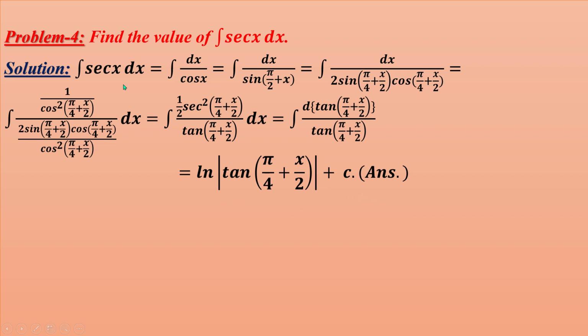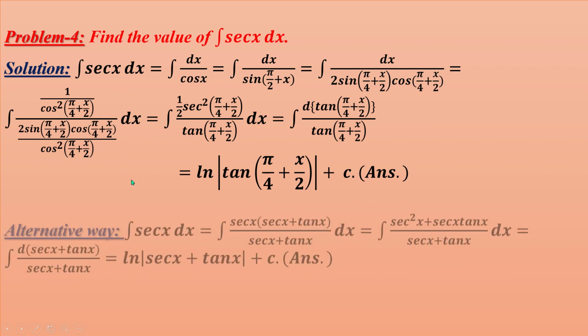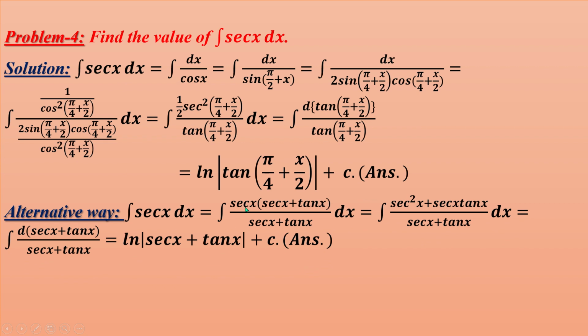Or we can solve it in another way and the result will be different. Follow sec x. Sec x means sec x into sec x plus tan x by sec x plus tan x, that means multiplying both numerator and denominator by sec x plus tan x. As a result, here will be sec square x plus sec x tan x by sec x plus tan x into dx.